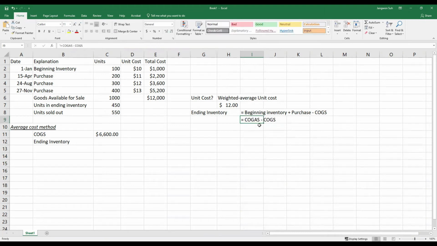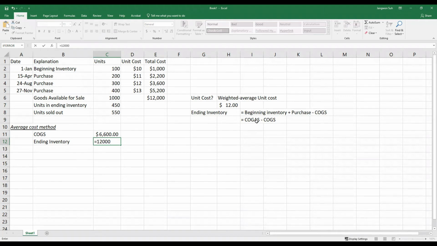And how much is cost of goods available for sale in this case? It is beginning plus all purchases. So cost of goods available for sale is already calculated as 12,000.